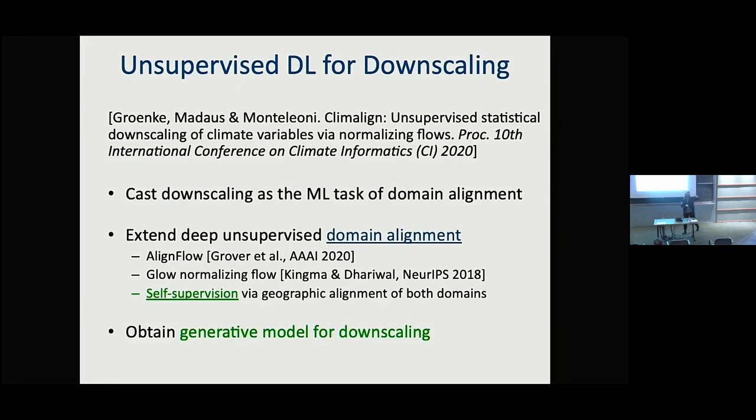Unlike the methods I talked about where you need paired maps at coarse and fine resolution, we didn't need that. You did need maps at both fine and coarse resolution, but they didn't have to be paired. But ours were registered geographically over the same region of the continental US, whether coarse or fine. Since we know the underlying physical processes depend on location, there was information sharing there that we would call a self-supervisory signal.